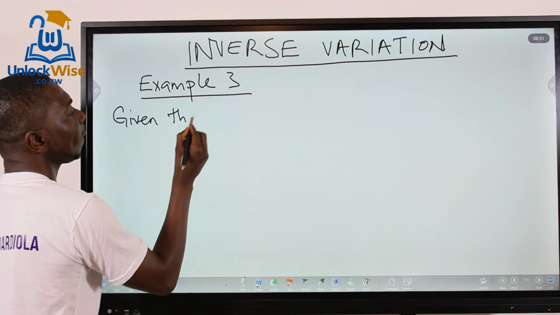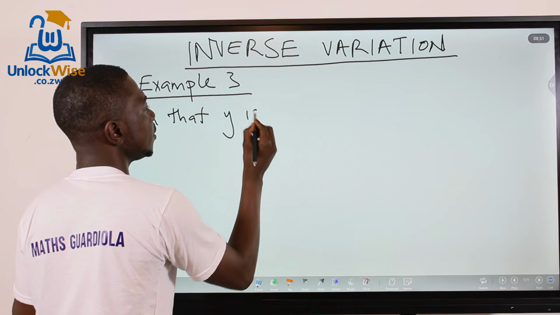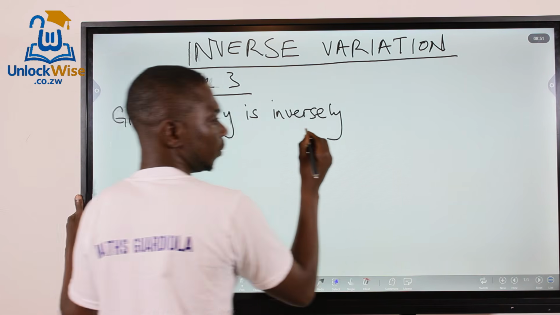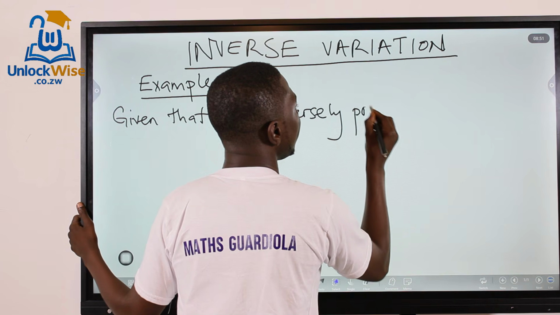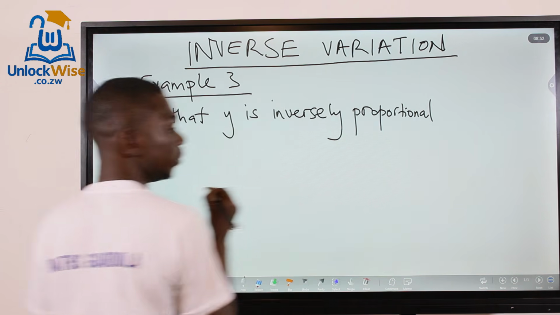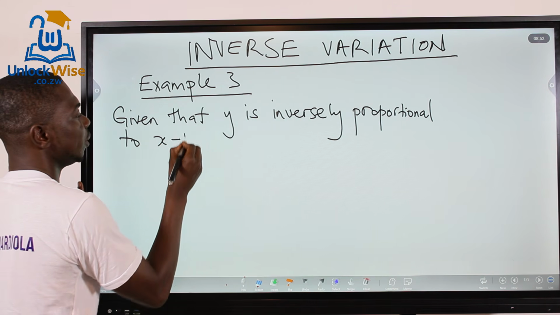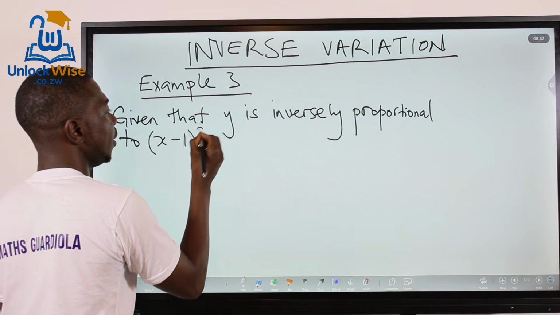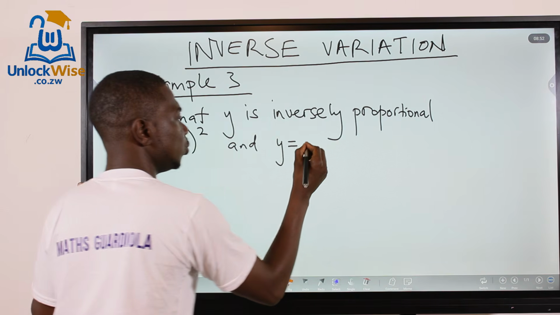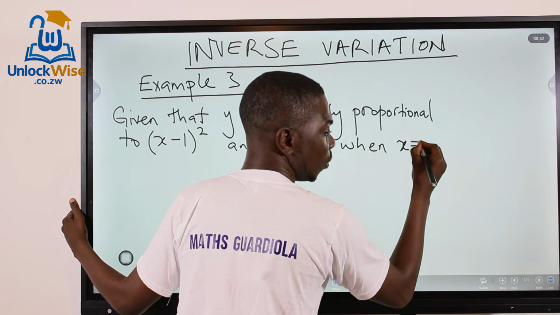Given that y is inversely proportional to x minus 1 squared and y is equals to 2 when x is equals to 7.